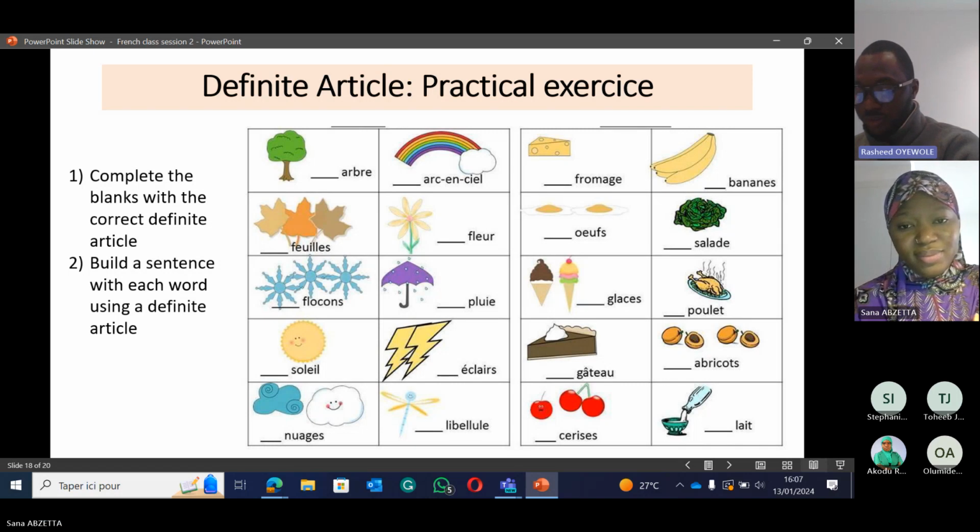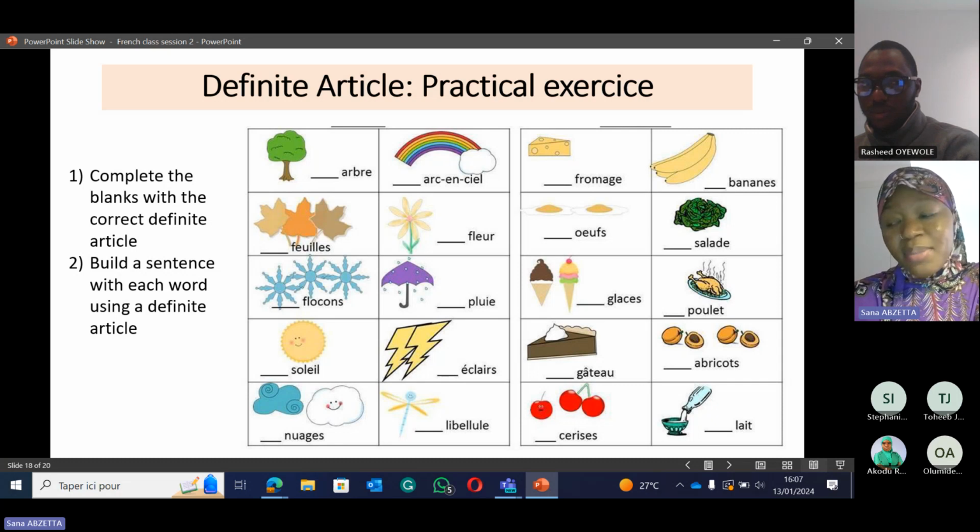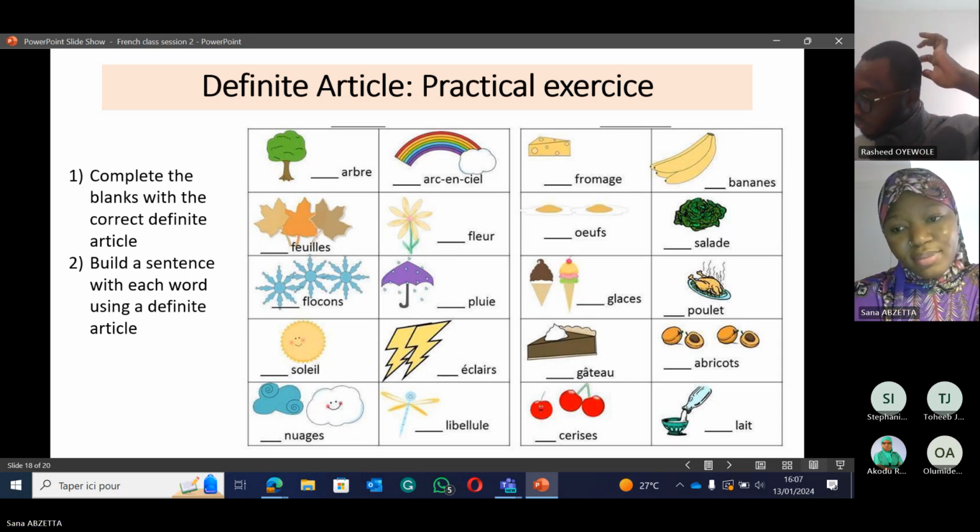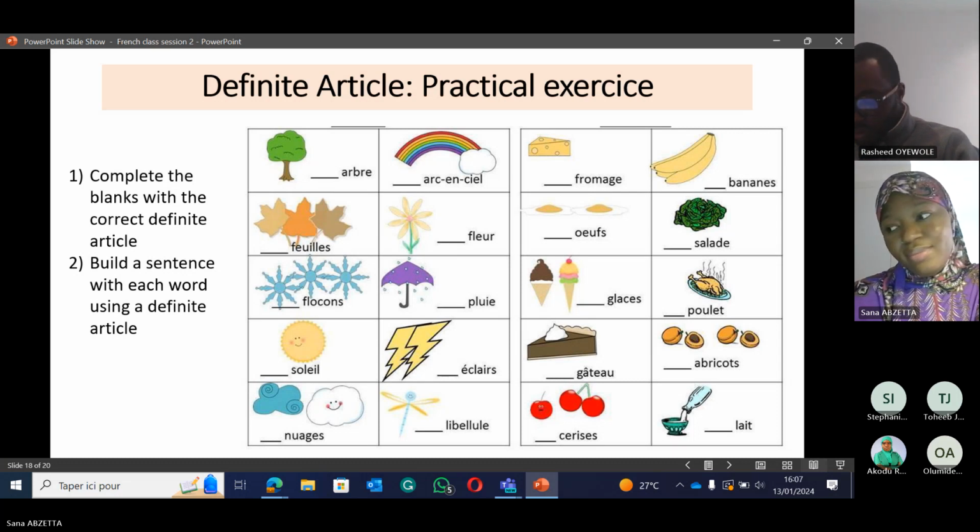Good. That's it. So a double L is pronounced like y, like in fille, girl. Double L. Les feuilles.